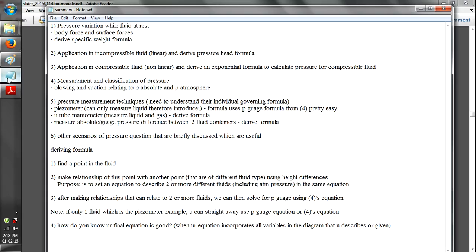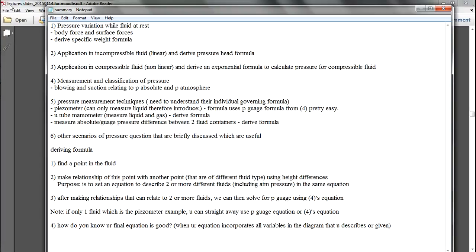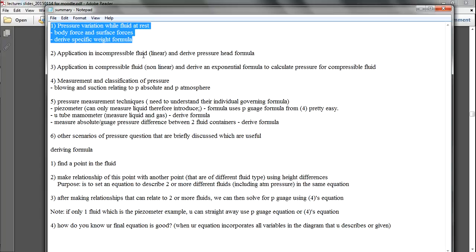But yeah. So lastly, I want to summarize whatever I've covered. For the very first part of this lesson, we talked about the pressure variation. We got the body force and surface force. When the fluid is at rest, you can derive the formula for specific weight, which is rho g equals specific weight.